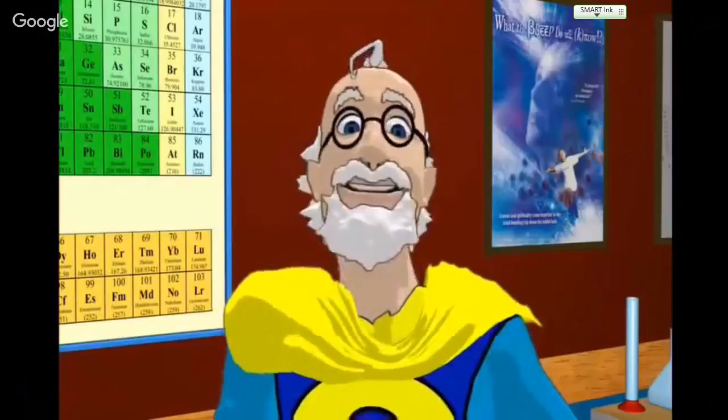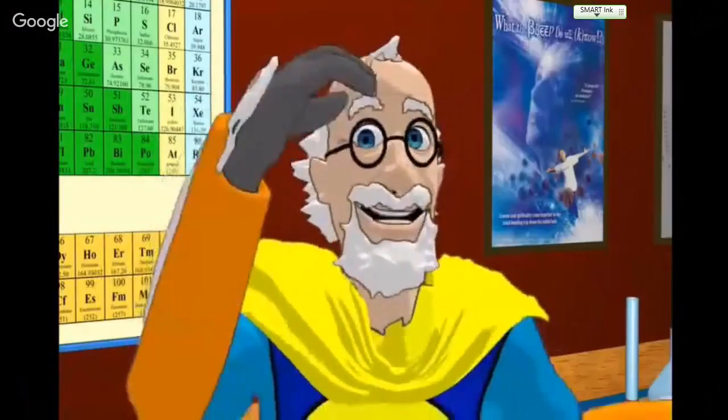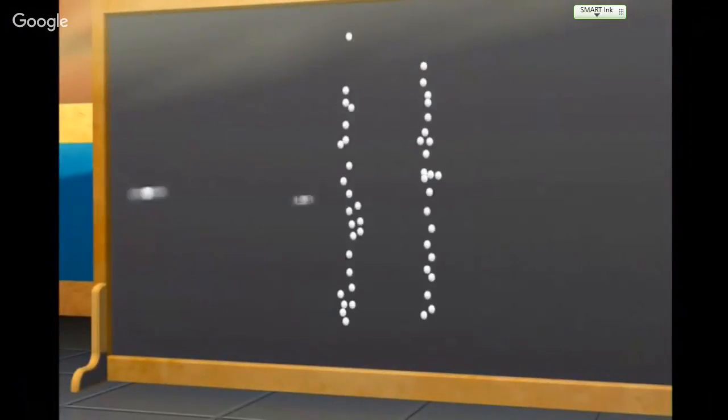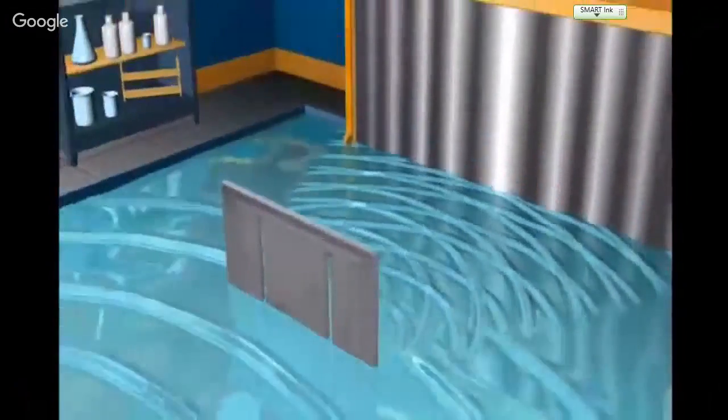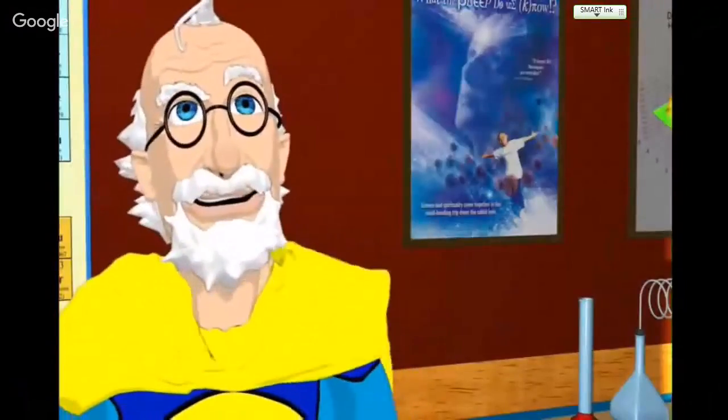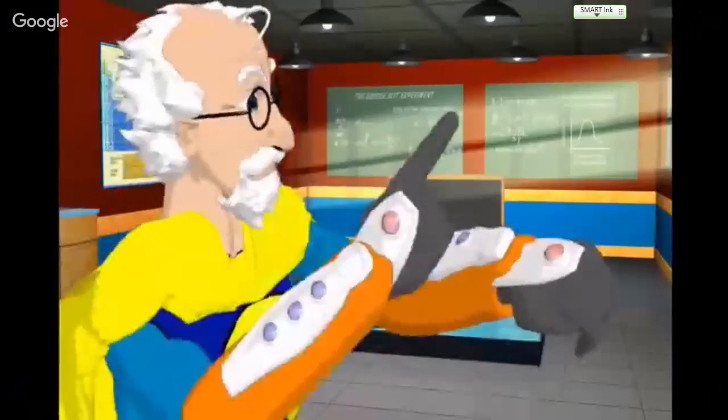So when we throw things, that is matter, through two slits, we get two bands. And with waves, we get an interference pattern of many bands. Good so far. Now, let's go quantum.